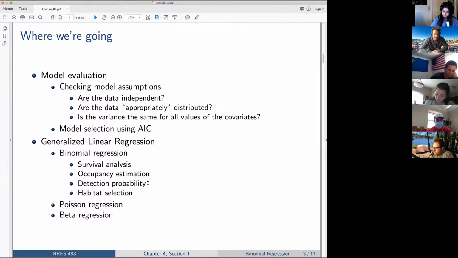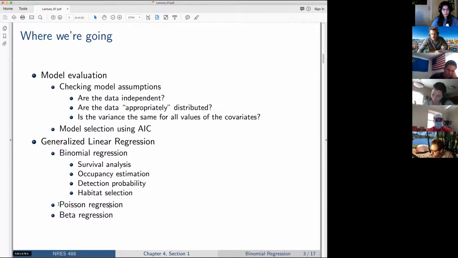Wildlife don't like to be seen. So how do we model the probability of actually seeing an animal given it's there and that it doesn't want to be seen? Habitat selection: which habitats are animals using and which ones aren't they using? This is what we're going to talk about in the next two lectures, binomial regression.